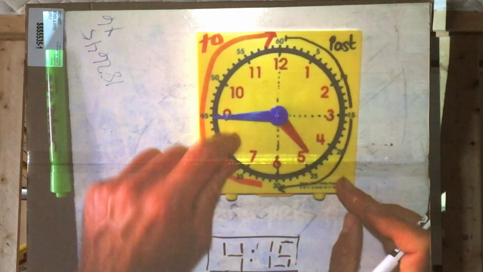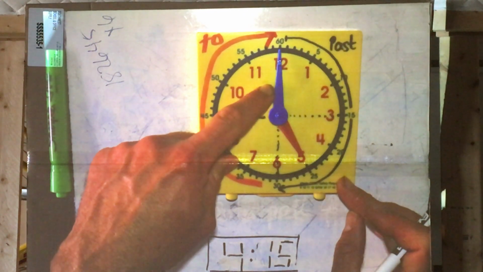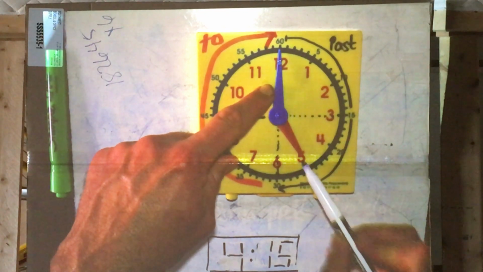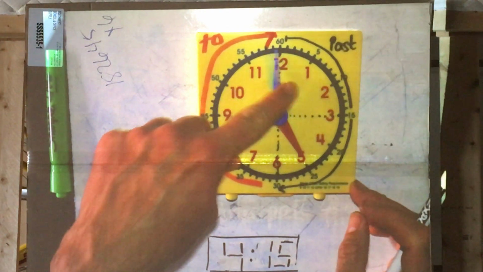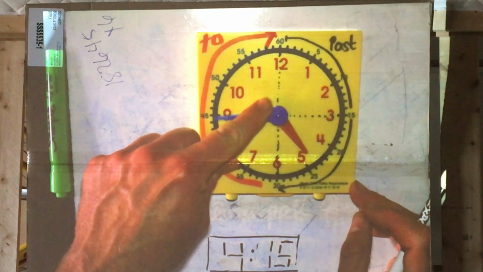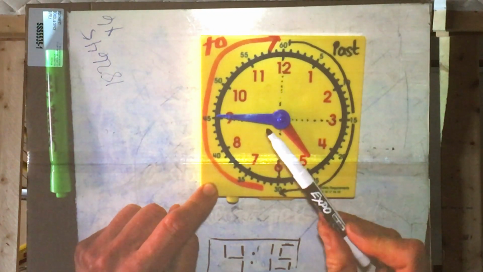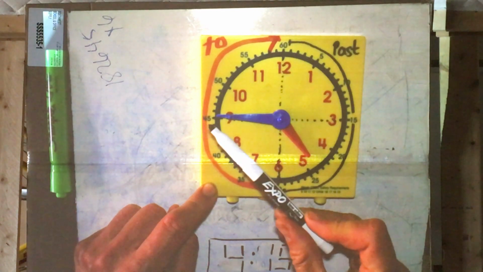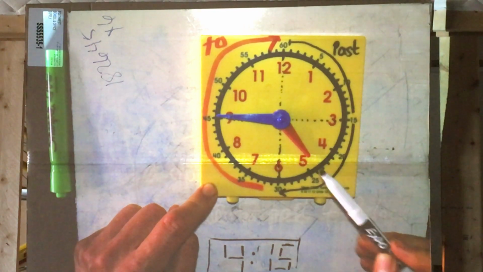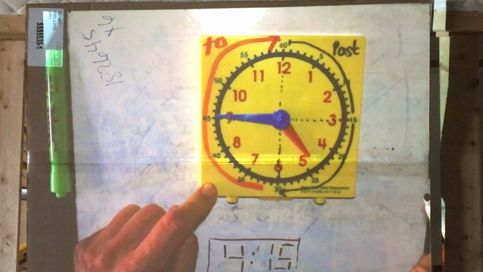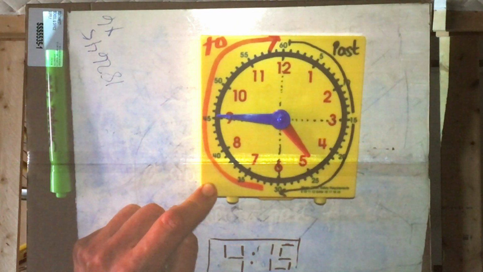Okay, once it reaches 5, that rolls over to the next hour, which would be 5 o'clock. Just to prove it, watch, when I move it to 5 o'clock, you can see that now the hour hand is pointed at 5. But it hasn't reached there yet. And we know that for 2 reasons. Firstly, the minute hand is still pointed to 9. And the hour hand hasn't reached 5. So, my hour is correct.